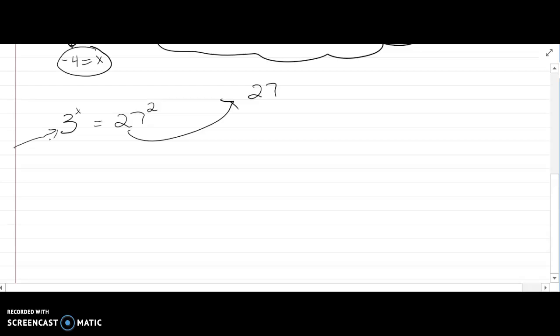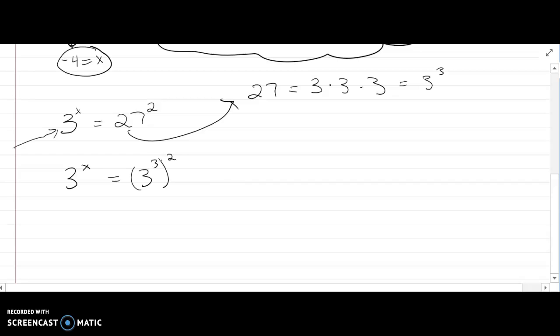Well, let's try rewriting 27 using exponents. 27 is equal to 3 times 3 times 3, which is equal to 3 to the third. Okay, so if I go back to my problem, I can rewrite my problem as 3 to the x is equal to 3 to the third, squared. What do I do with this 3 and 2?